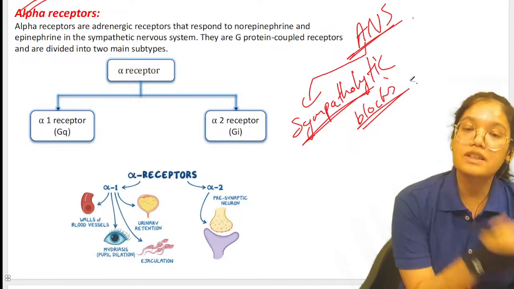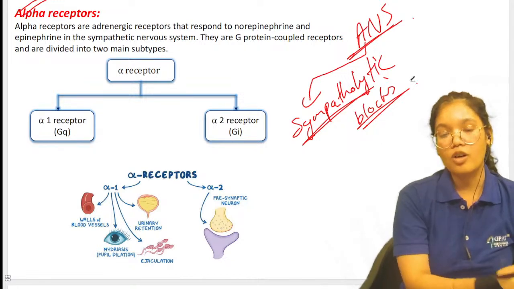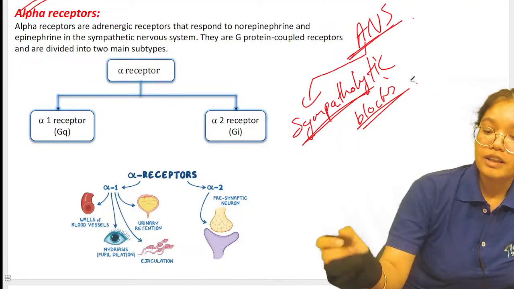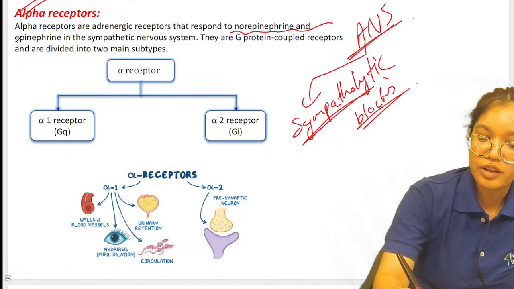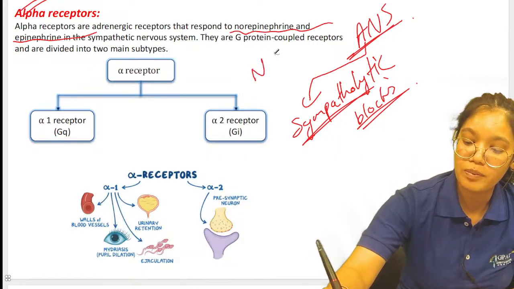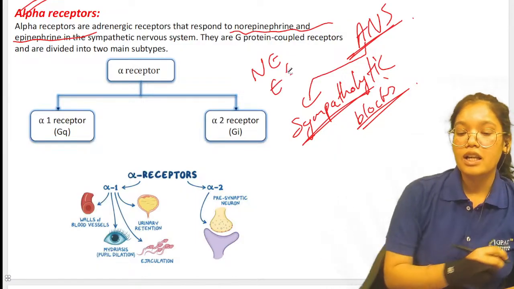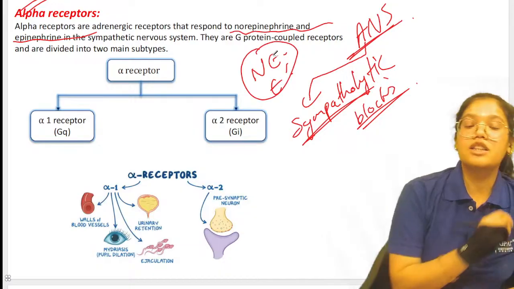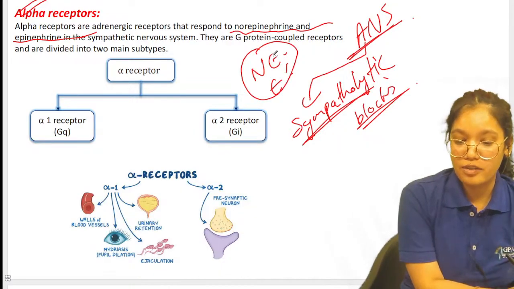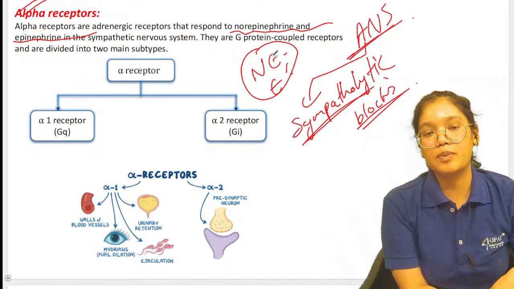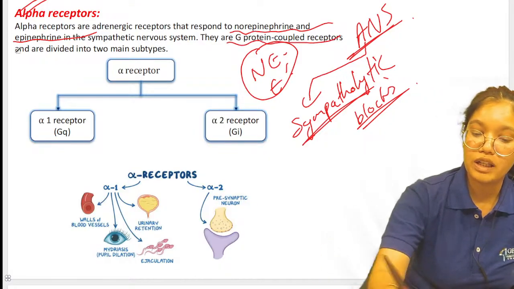These alpha receptors are part of the adrenergic system. They respond to norepinephrine and epinephrine, the two neurotransmitters that the sympathetic system has. These alpha receptors are G protein coupled receptors.